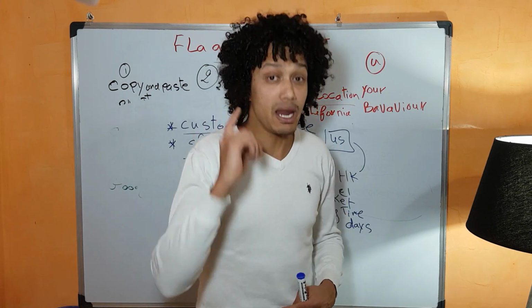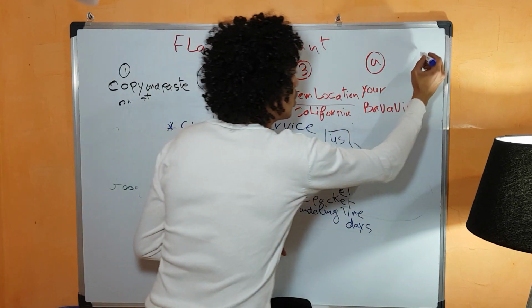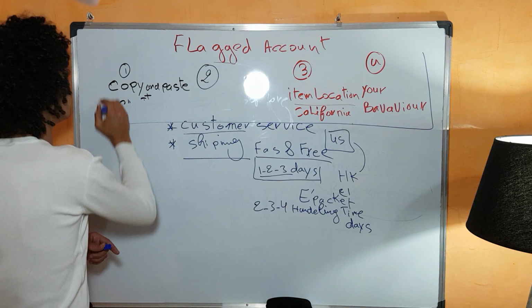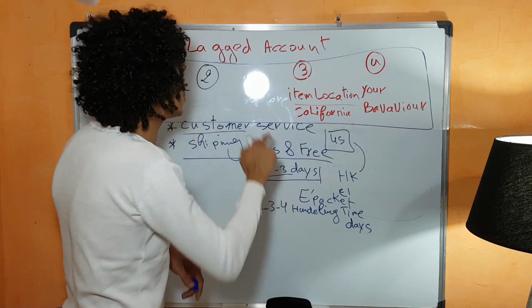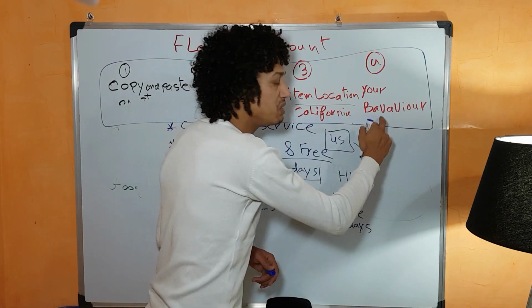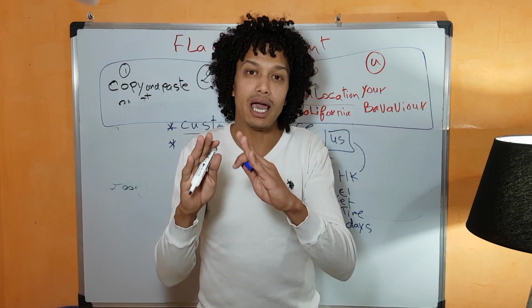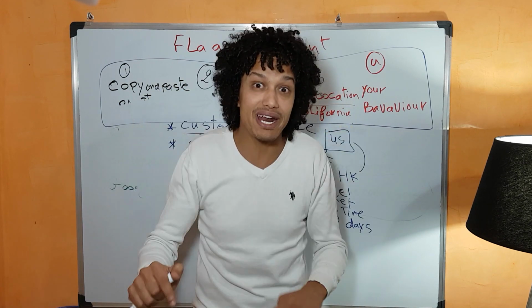Okay, let me correct myself one more time. If you do all of these that we've mentioned earlier, we're talking about copy and paste and photos and software and API, item location, and your behavior in an already flagged account, you're not going to get unflagged right away.